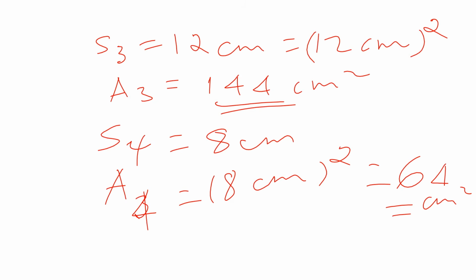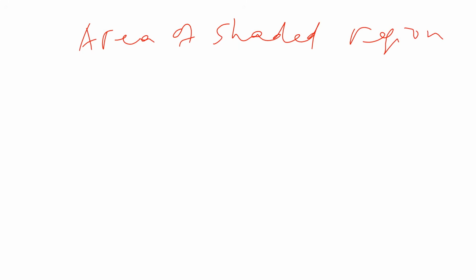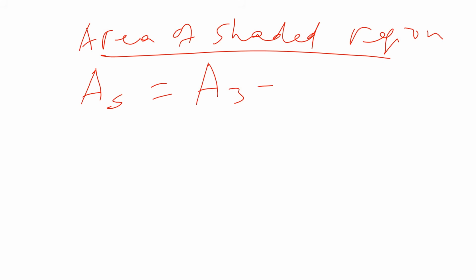After this, the area of the shaded region is calculated as A3 minus A4. That means 144 centimeter square minus 64 centimeter square.